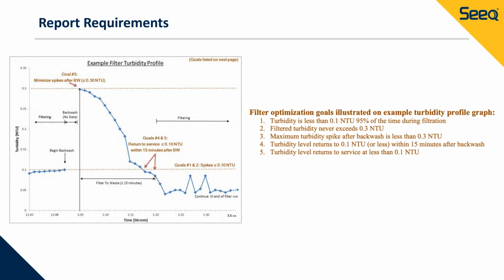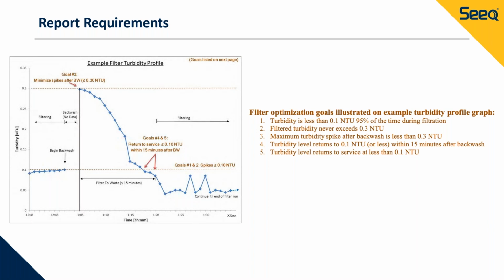And there are several key things shown in that chart that are key to creating or mimicking this report in Seek that we need to be able to include in our final report. So you see that the 4 different modes of operation are online, backwash, filter to waste, and then the back online stage. They're all marked out on that trend.